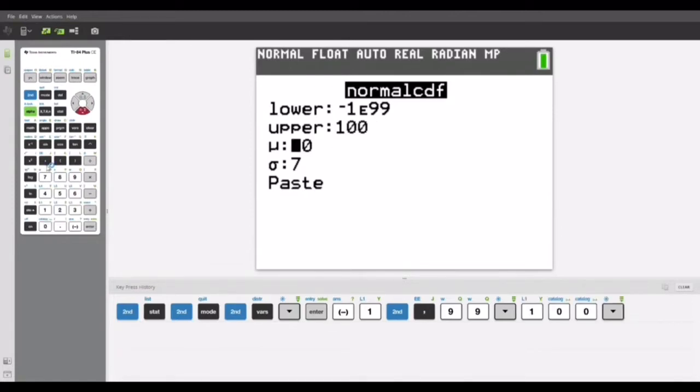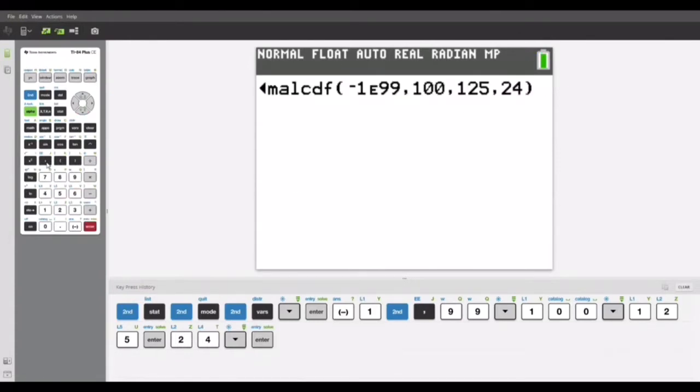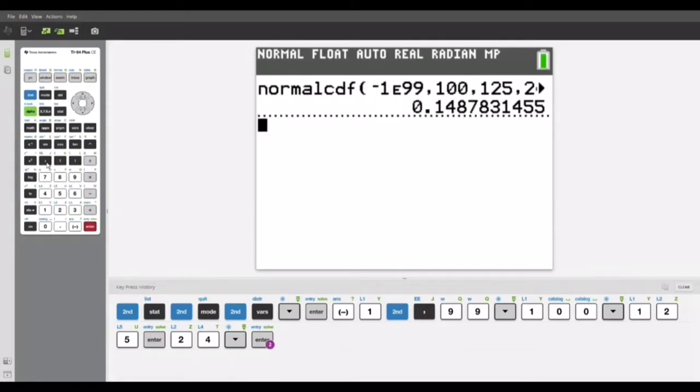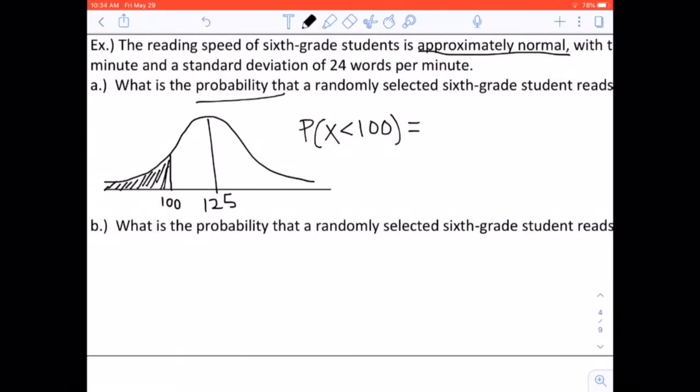Our mean for this problem is 125, and our standard deviation is 24. Select paste. And again, if you have the older style calculator, that would be what you would type in and enter. And we get our probability, an answer of 0.1488 on our calculator. So again, the probability that a student reads less than 100 words per minute is going to be 0.1488.